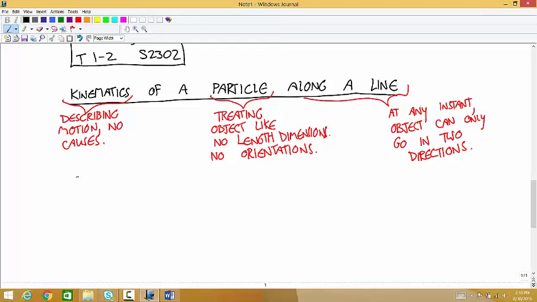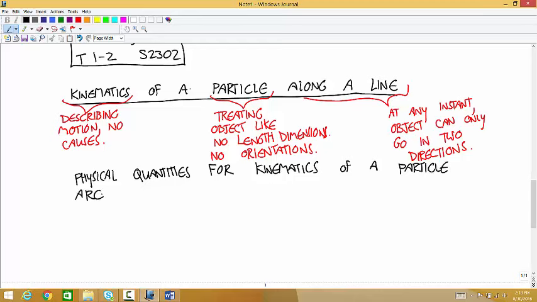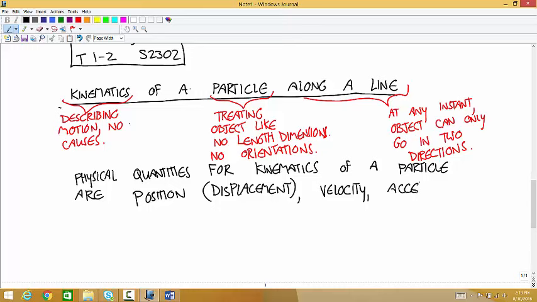The variables, or let's say the physical quantities that we're going to deal with for kinematics of a particle are position, and related to position is displacement, then velocity, acceleration, and time.